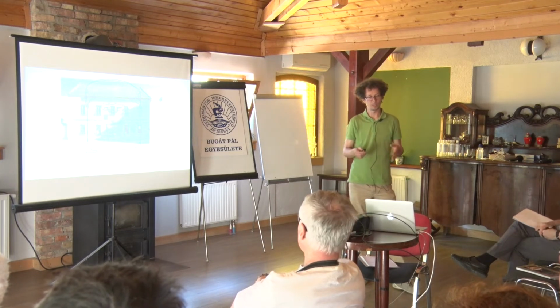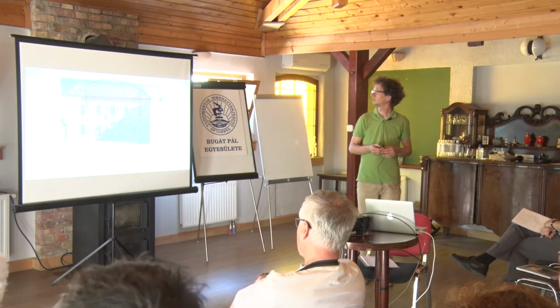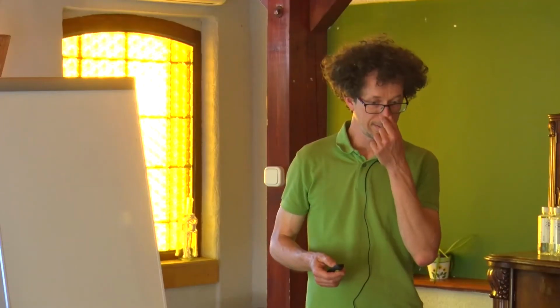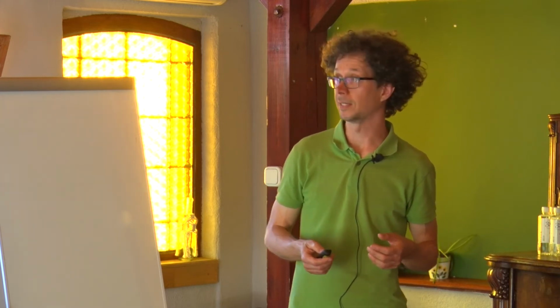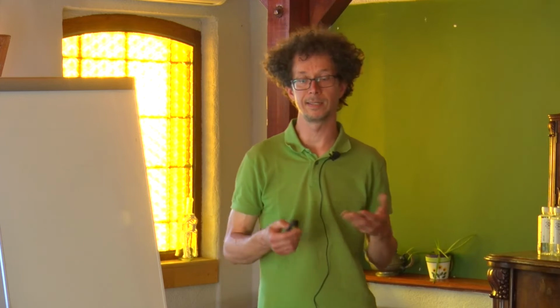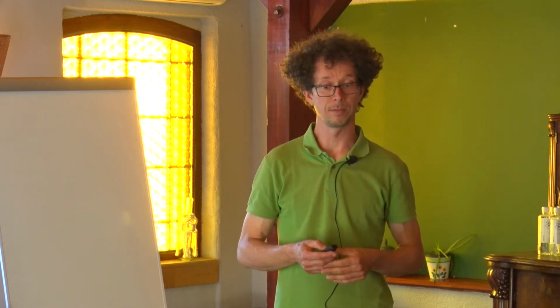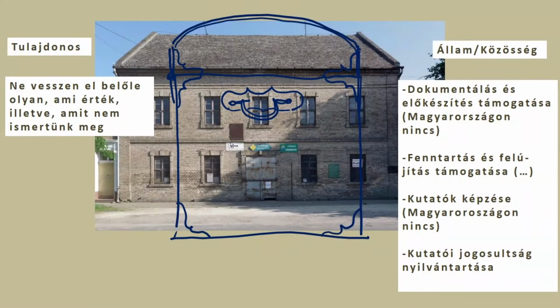The state has to support the research of these buildings to find these original, authentic values. And also, they have to support the special conditions of use of these buildings. An old building like that needs very special treatment.